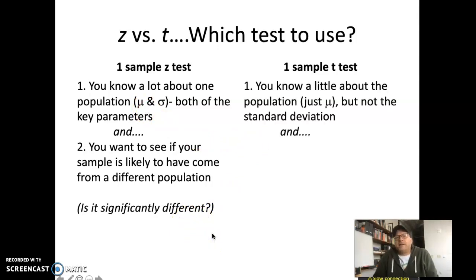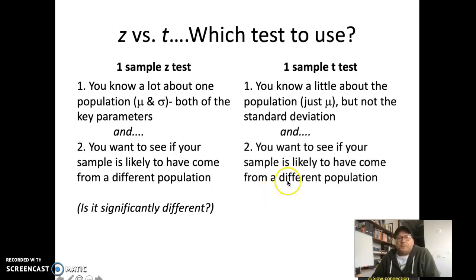Today the new idea is if we know just a little bit about a population such as mu, but we don't know the standard deviation, or if we're dealing with just very small samples, it's also good. And we want to see if our sample is likely to have come from a different population. We want to know if it's significantly different.